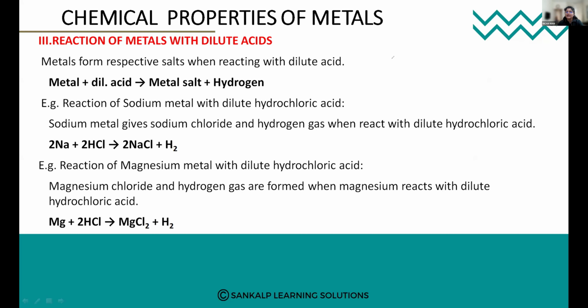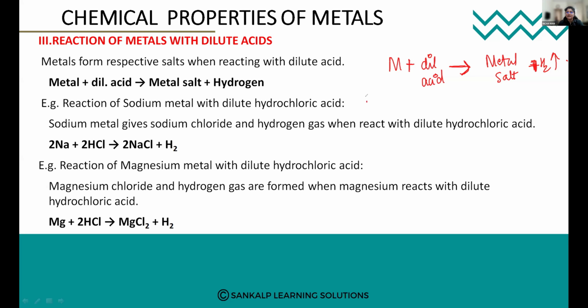So metals, when they react with dilute acid, form the respective metal salt, and hydrogen gas is liberated. So let us see one example.